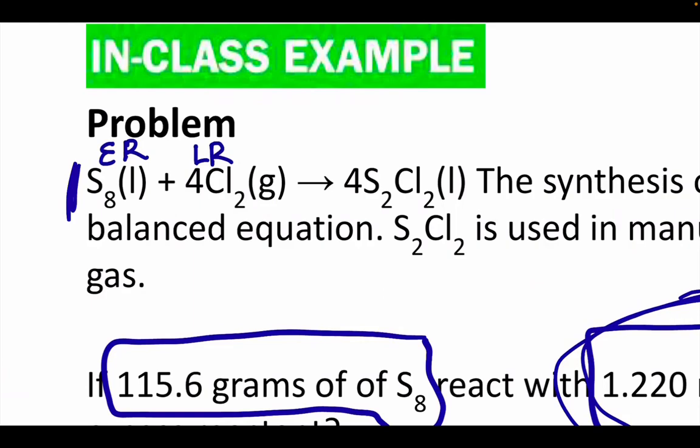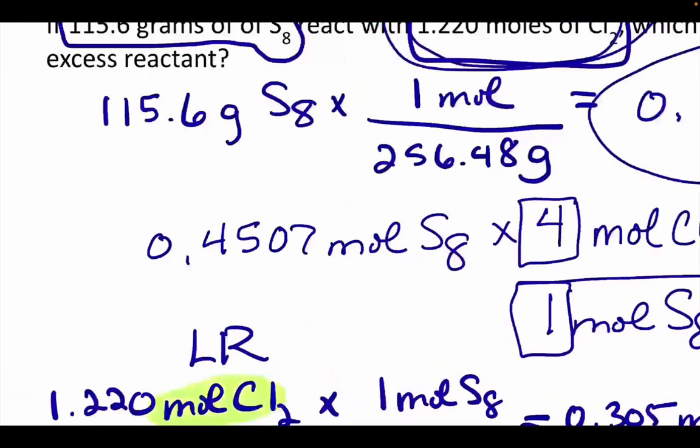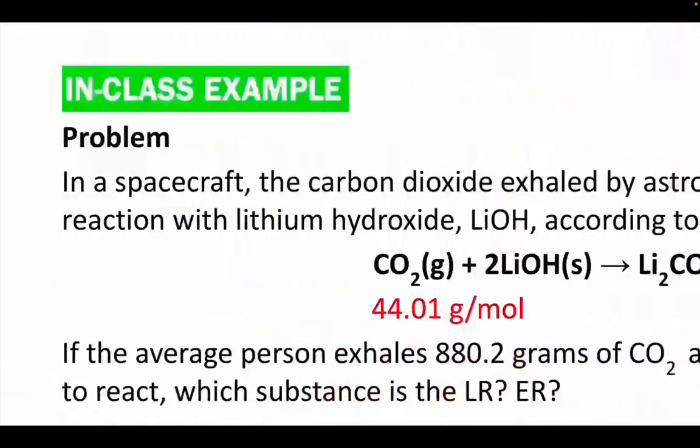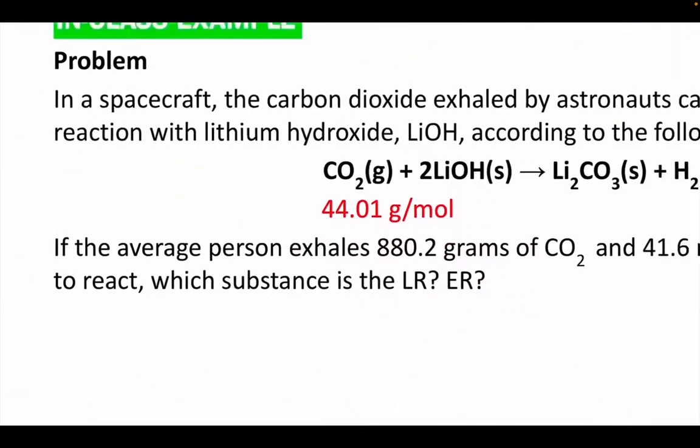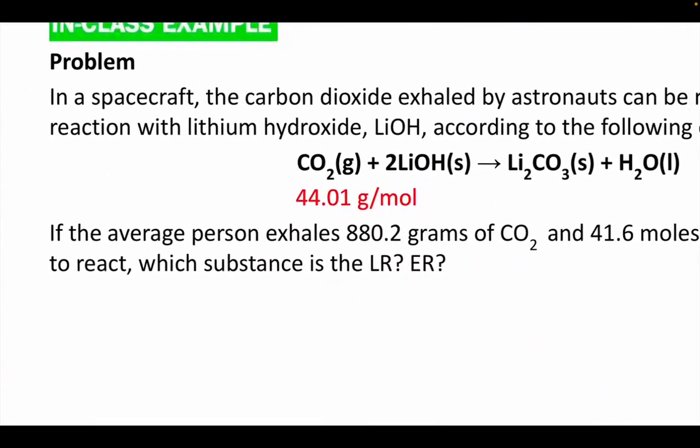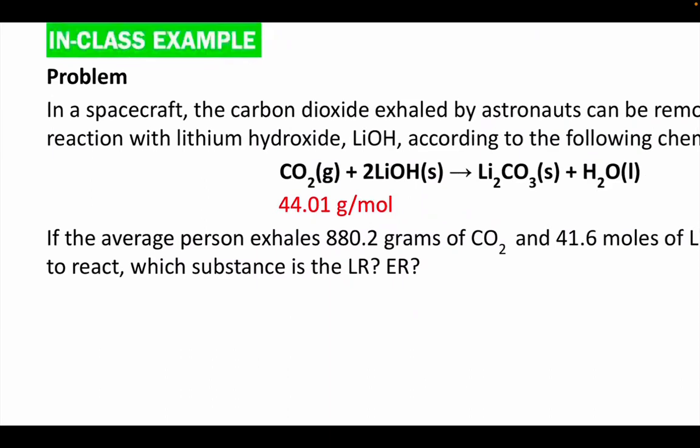So we're going to do a similar problem here with a different reaction and different amounts of reactants. So here we have 880.2 grams of carbon dioxide and 41.6 moles of lithium hydroxide.